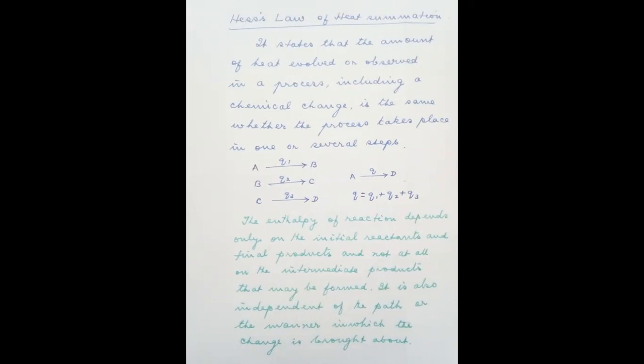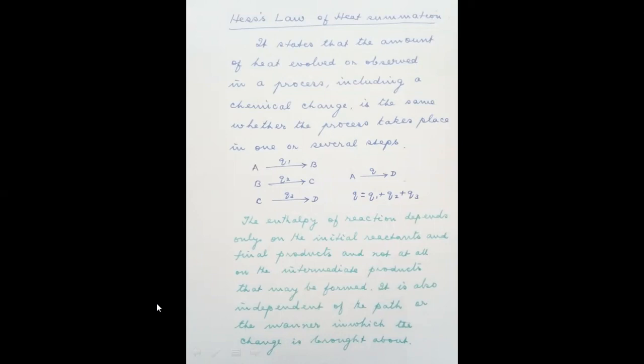Now the enthalpy of a reaction depends only on the initial reactants and the final products, and not at all on the intermediate products that may be formed. It is also independent of the path or the manner in which the change is brought about.